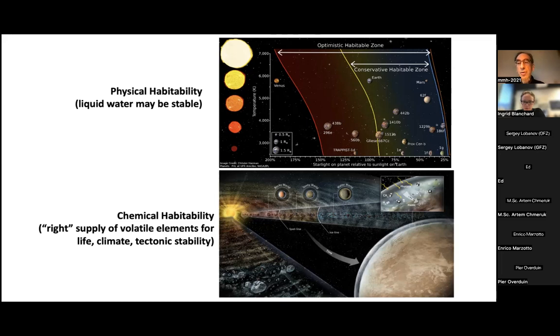And our planet obviously is not in any of these extremes. It's somewhere in the chemical habitable zone. And so understanding, first of all, how our planet came to be in that chemical habitable zone is a start, not sufficient, but it's a start for defining what the limits of chemical habitability might be.